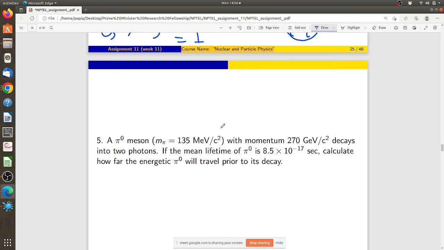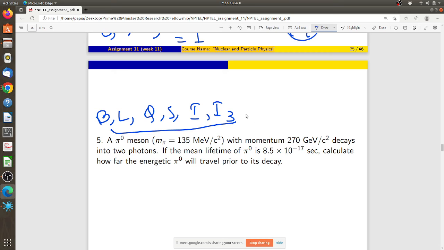And also with that you have to just check only 6 parameters. The 6 parameters are B, L, Q, S, I3, and one is Q, meaning quark content.